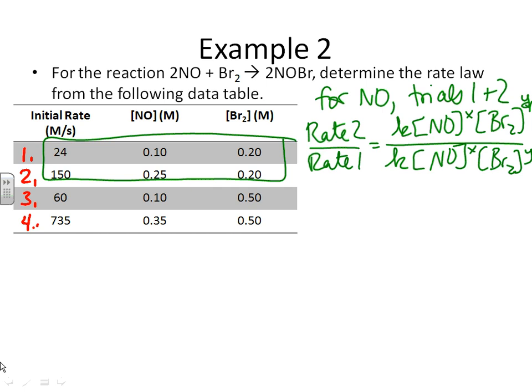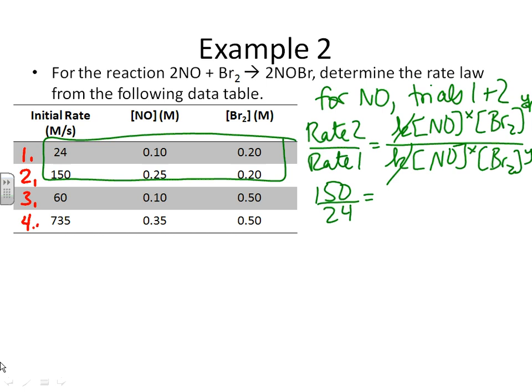Again, this is exactly what you did last time. You're simply writing two rate laws and dividing them, and I'm dividing 2 by 1 because the rate is larger in trial 2 than in trial 1, and I like to do larger divided by smaller. Get rid of the k because it's going to be the same regardless, and then plug in your numbers. So straight from the data table, the rate in trial 2 is 150, the rate in trial 1 is 24.